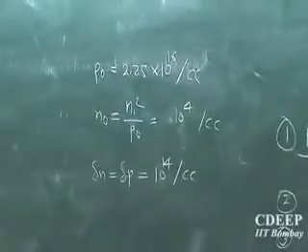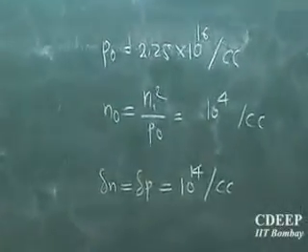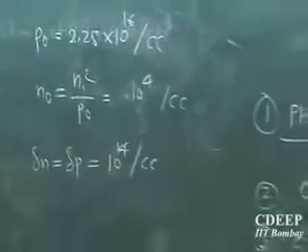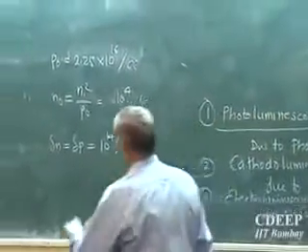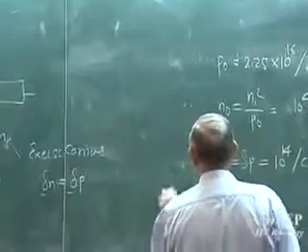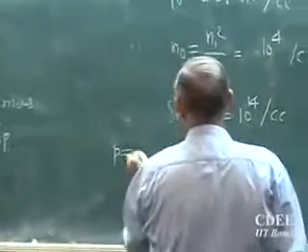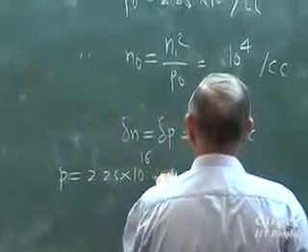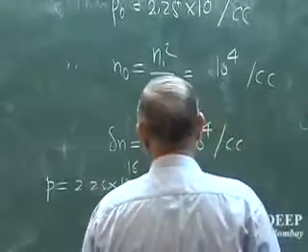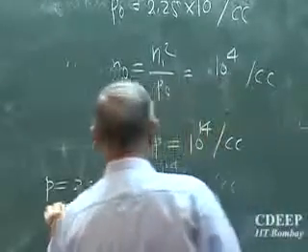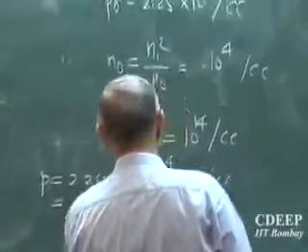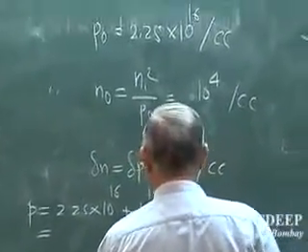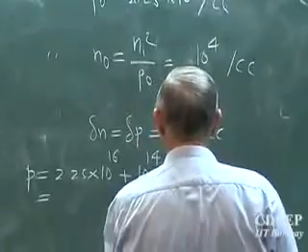The electron-hole pairs which are generated due to the shining of hν is 10 to the power 14 per cc. So how much is p now? 2.25 times 10 to the power 16 plus 10 to the power 14 per cc, which essentially means, if I make it 16, this is 0.01 times 10 to the power 16.